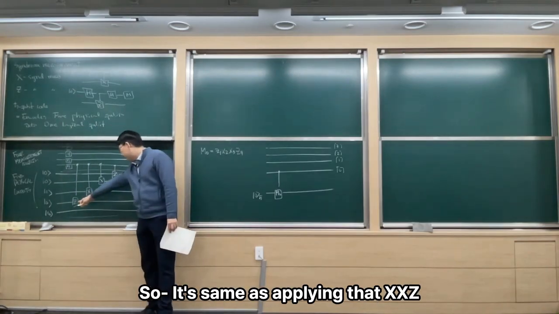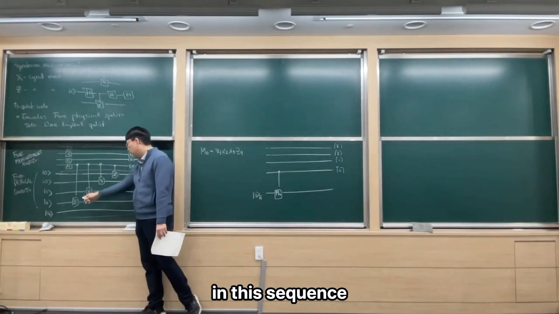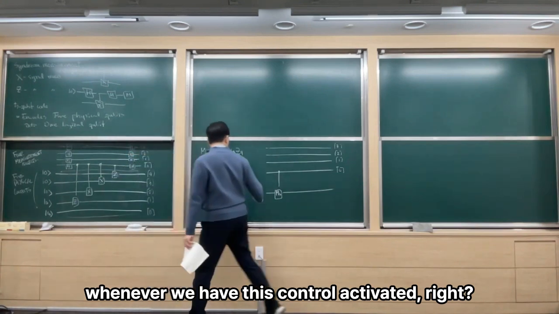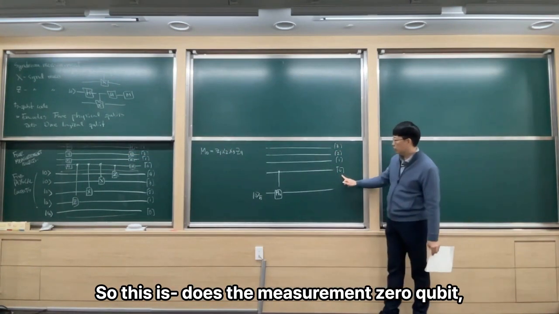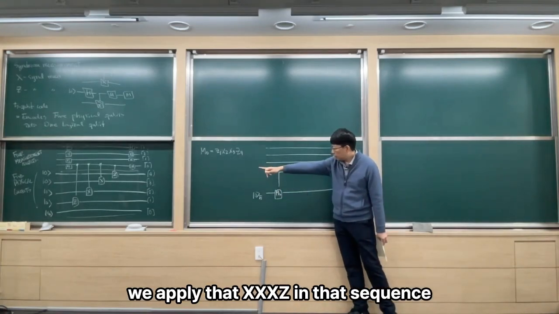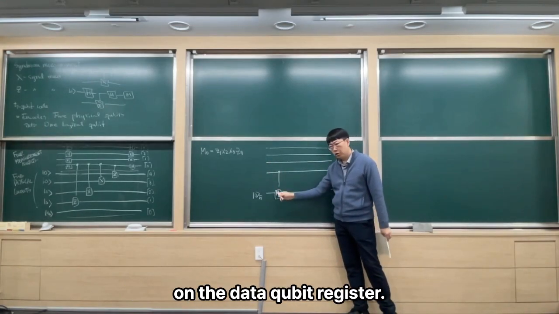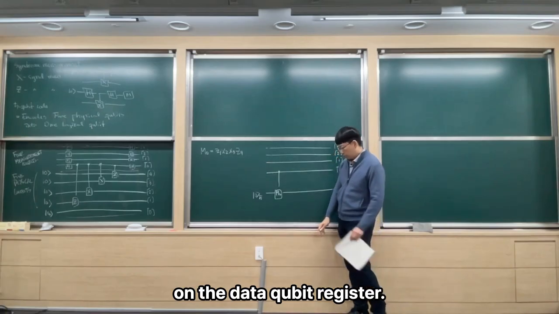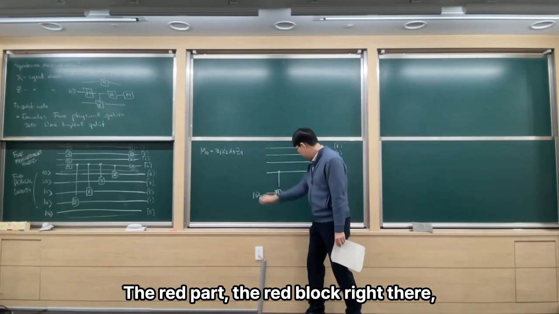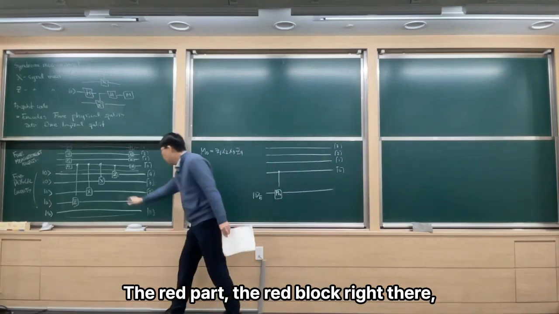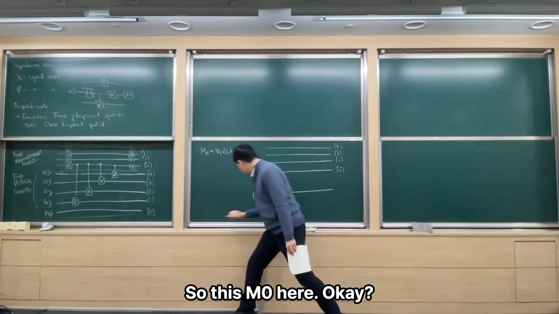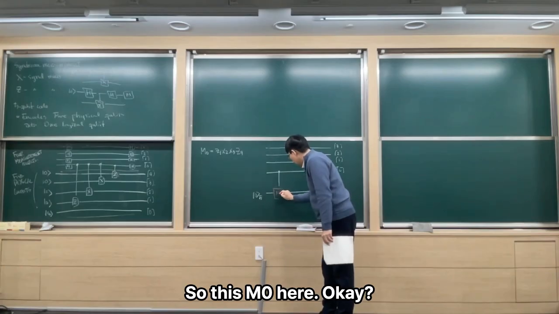So it's the same as applying ZXXZ in this sequence whenever we have this control activated, right? So this is the measurement 0 qubit, and whenever it's activated, we apply that ZXXZ in that sequence on the data qubit register. So you see what I mean? The red block right there is exactly this M0 here.